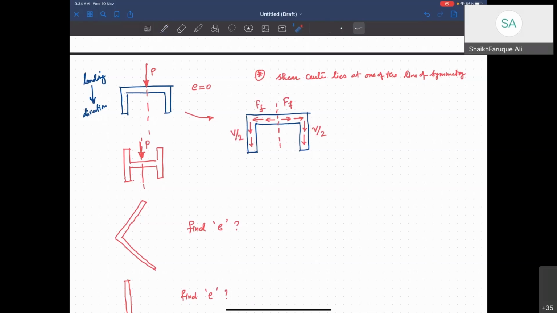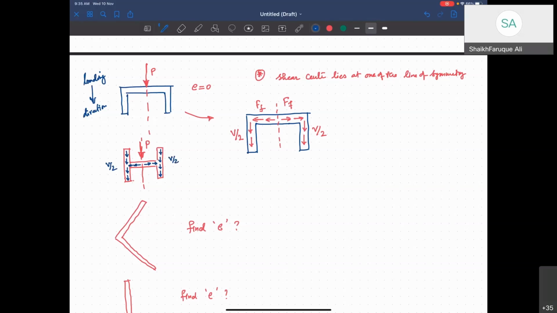Similarly, for this also you can do it. How is its shear flow going to be? It's going to look like this. Okay, so this is also going to be Vy/2, and that's also going to be Vy/2.